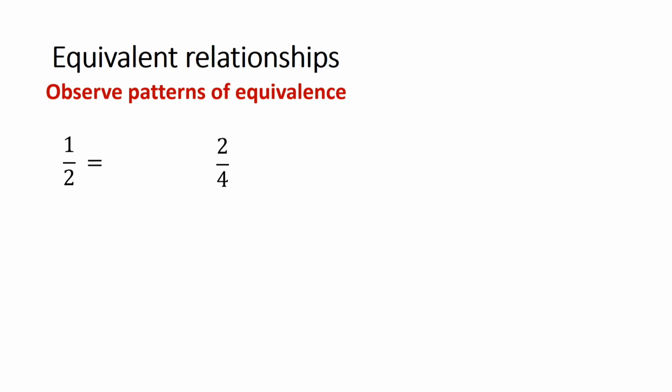The teacher can then ask the question, what number can I multiply 1 by to give me 2? Then they ask the question, what number can I multiply 2 by to give me 4? After providing the answer, students can then be asked what they observe.